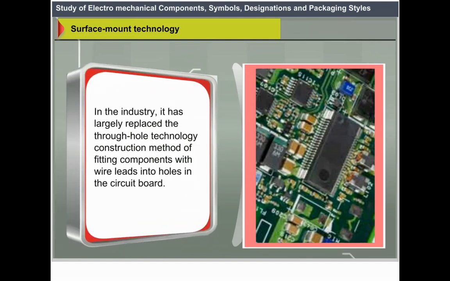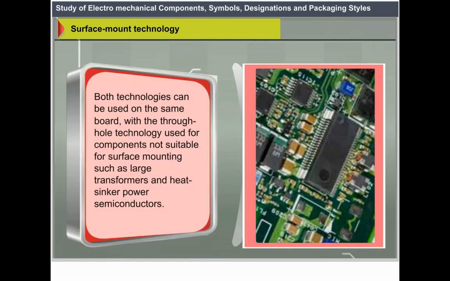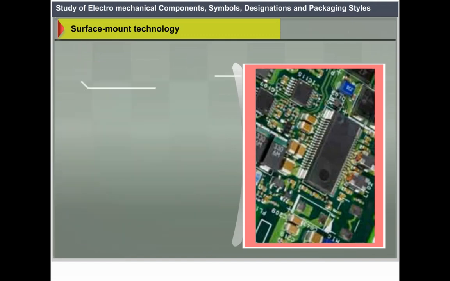In the industry, it has largely replaced the through-hole technology construction method of fitting components with wire leads into the holes in the circuit boards. Both technologies can be used on the same board, with the through-hole technology used for components not suitable for surface mounting, such as large transformers and heat-sinked power semiconductors.